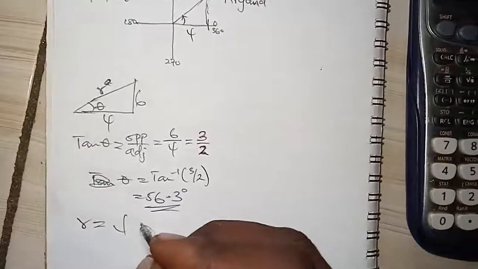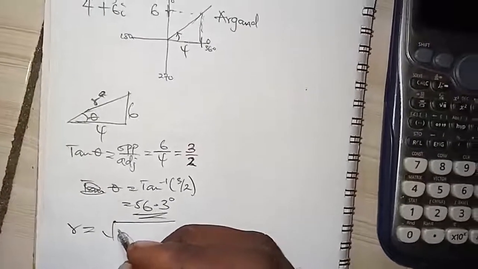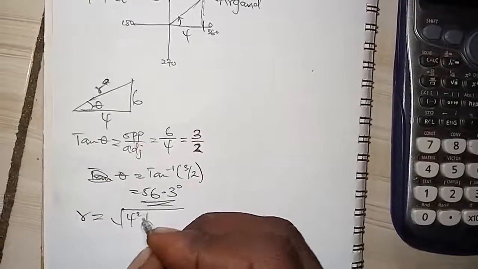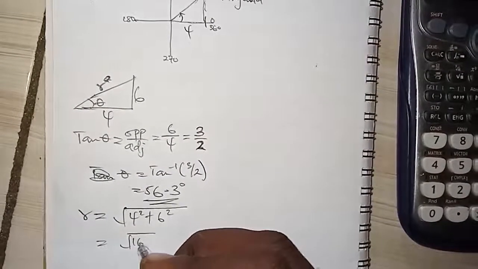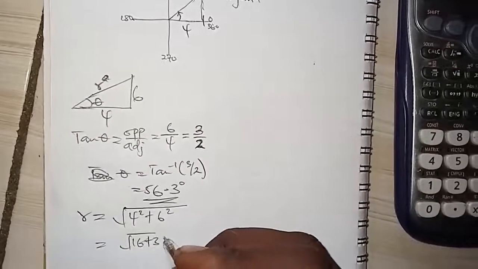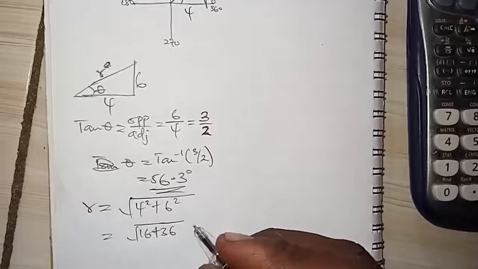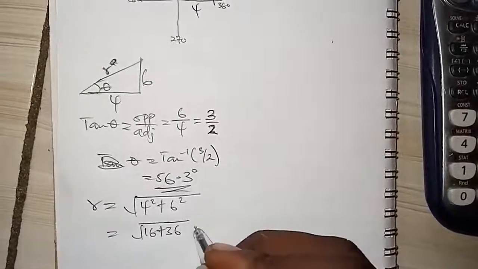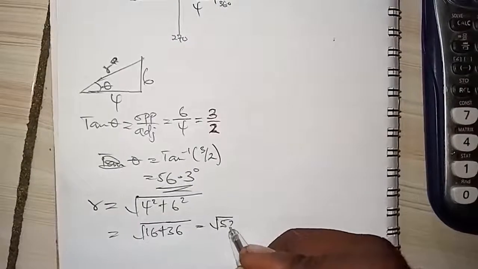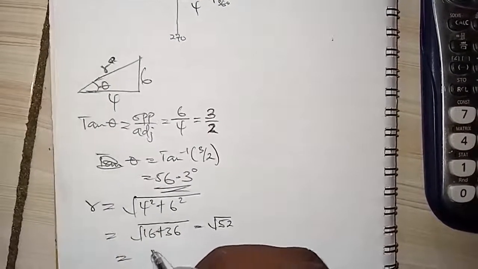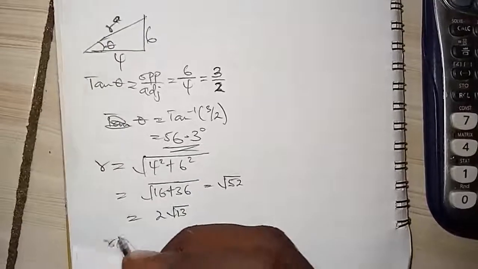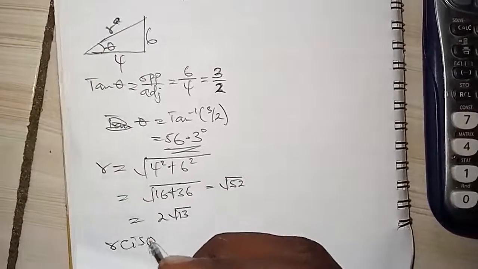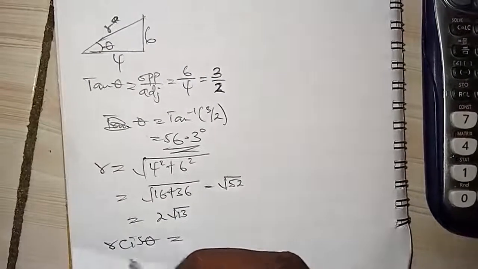Now to look for our r, here is r. r is the modulus, the square root of 4 squared plus 6 squared, which is the square root of 16 plus 36. If we add both of them, we get root 52, and root 52 is also 2 root 13. So we can write r cis theta, which is the polar form.